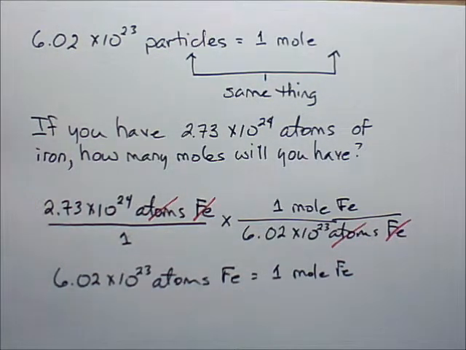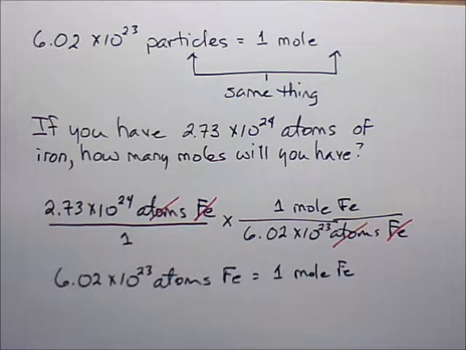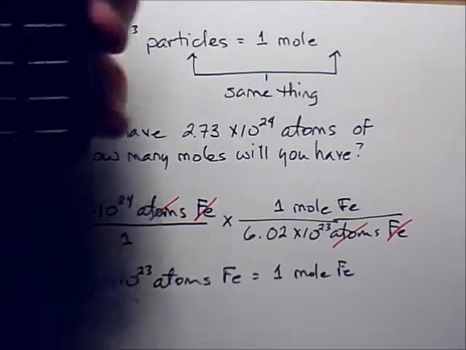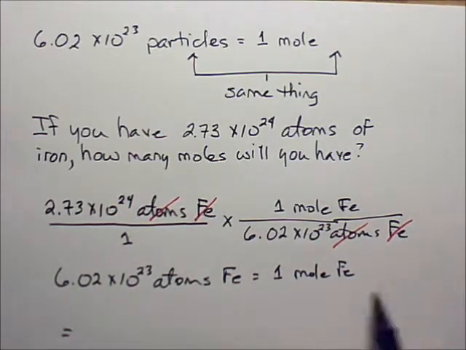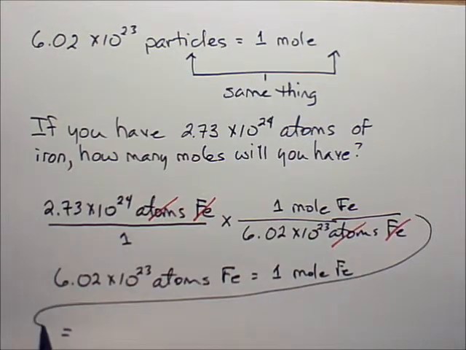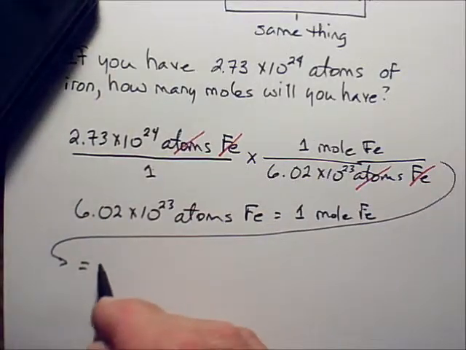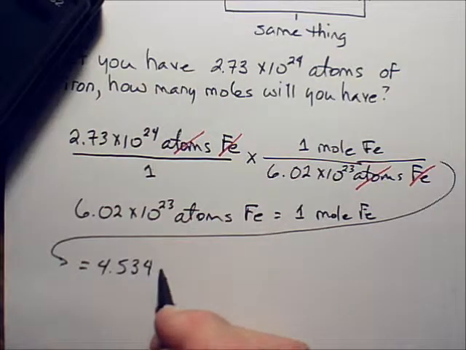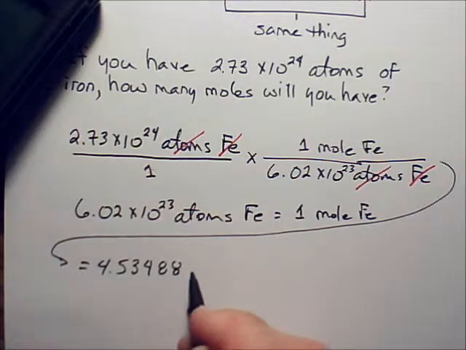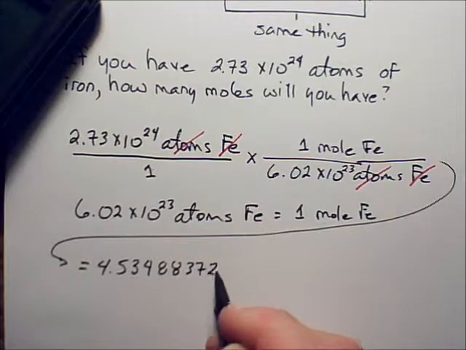So let's talk about how you can put this in your calculator. Let me do the math first, and then I'll show you how to do it in your calculator. I don't want to get too far away from what we're actually doing. So I'm going to sort of put my answer down here. Okay, I got 4.534883721.